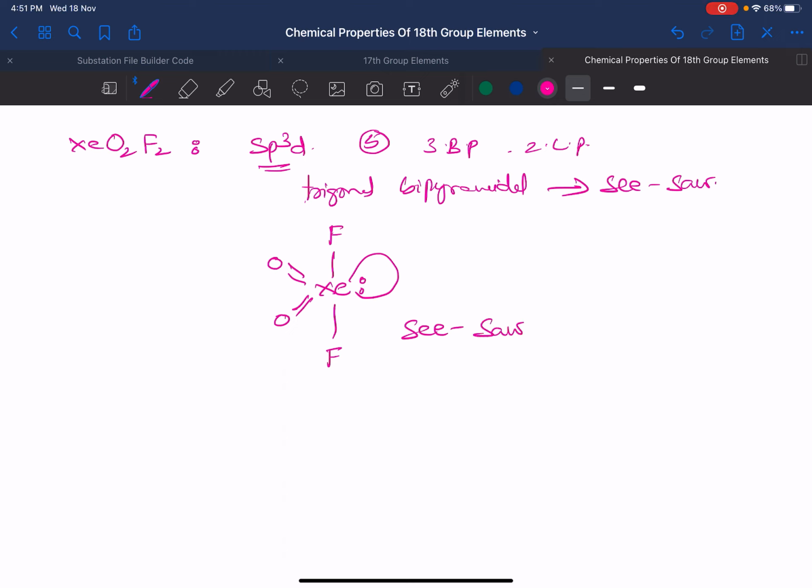So that is the structure of XeO2F2, xenon dioxydifluoride.